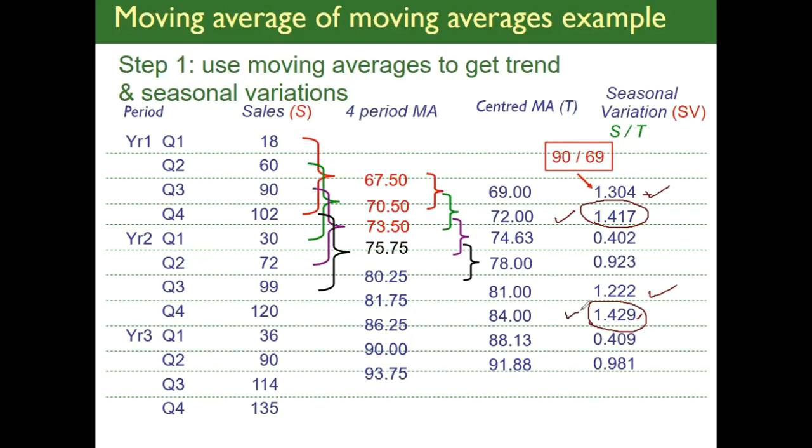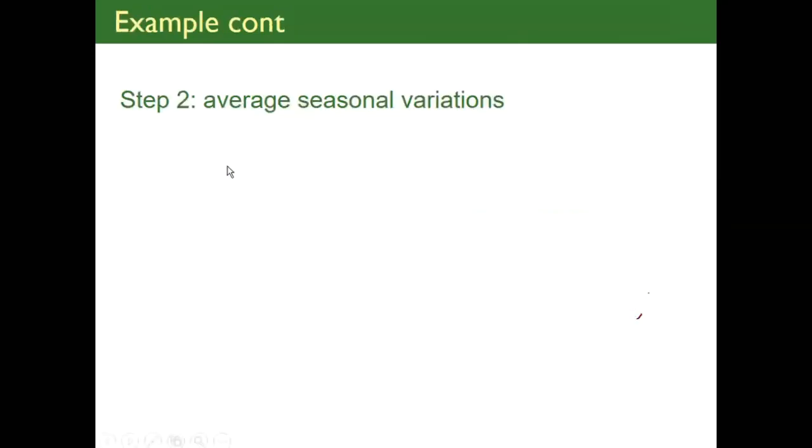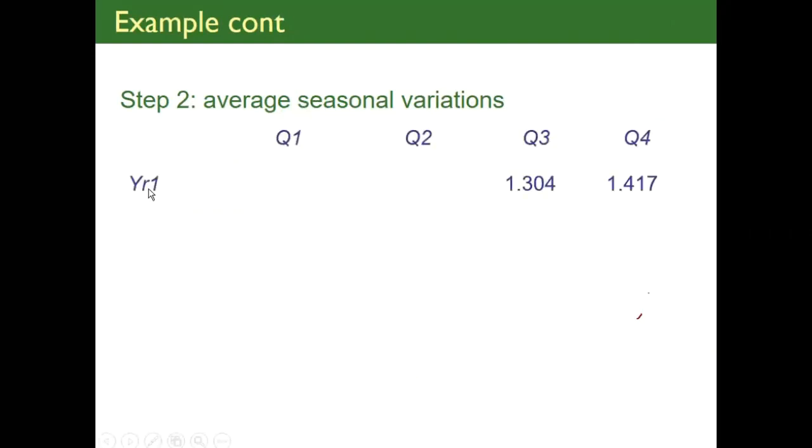So again, we will use the same way. When we have more than one value, we can take an average again. So you've got average seasonal variations for quarter 1, 2, 3, 4, and quarter 1 and quarter 2 were blank in year 1. And then in year 2, you had all the values. And then in year 3, again, the last 2 quarters were blank.